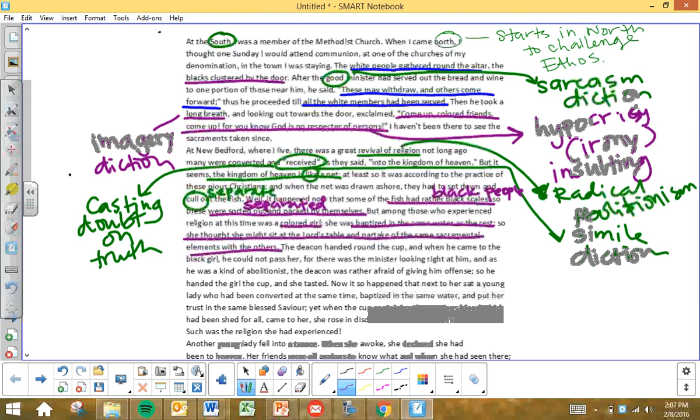Saved. He's going to come up later. What is that a form of? She was baptized in the same water as the rest. She took the Lord's table and took part of the sacramental elements.